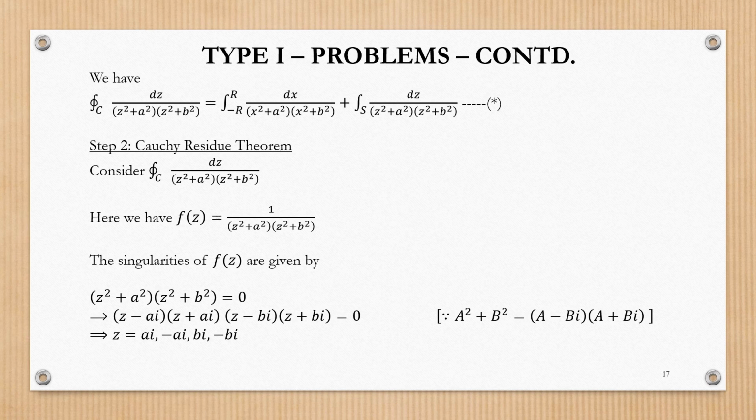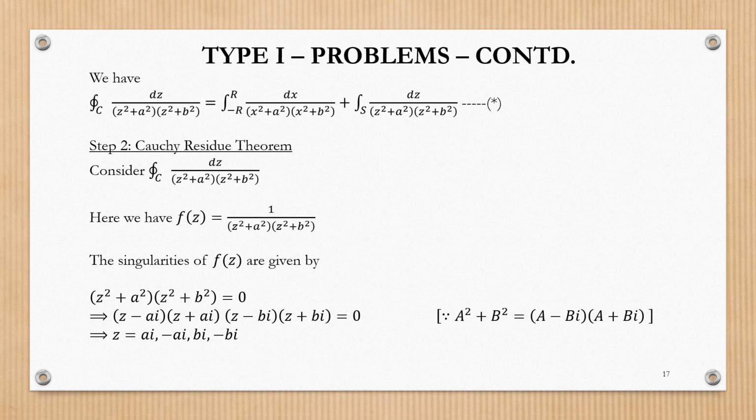Now how do we recognize the order of the pole? Please look at the factor for every pole. For the pole ai, the factor is z minus ai, which occurs with degree 1, and therefore it's a pole of order 1. If you look at minus ai, the factor is z plus ai, which also occurs with degree 1, therefore it is also a pole of order 1. In fact, all four poles here are of order 1.